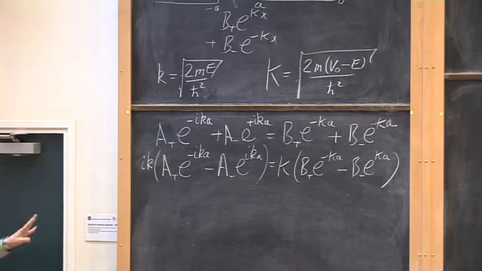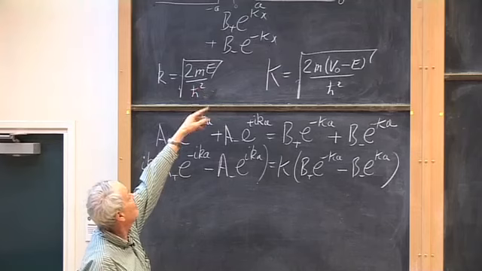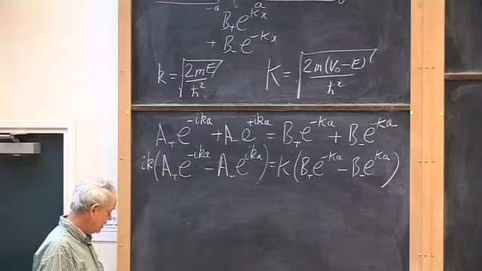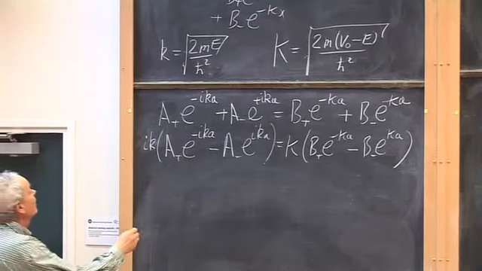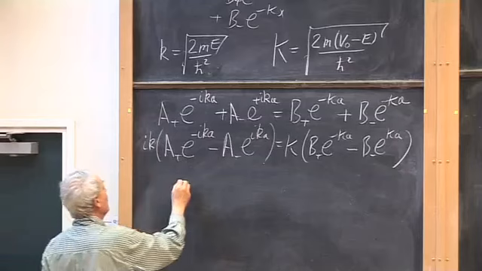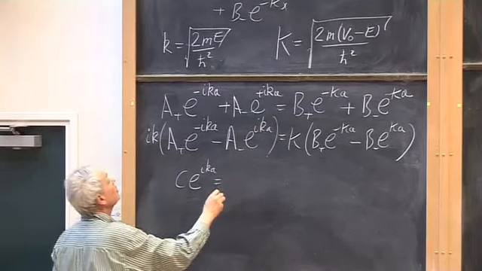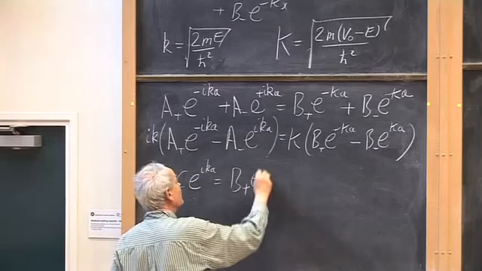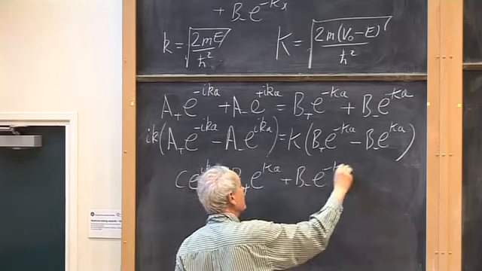So it's two equations. Now we have two more equations because we have to get everything honky-dory on the right-hand boundary, which is not now dealt with by symmetry as it was yesterday. So this is where everything becomes difficult. So we have c e to the ika is equal to b plus e to the Ka plus b minus e to the minus Ka.